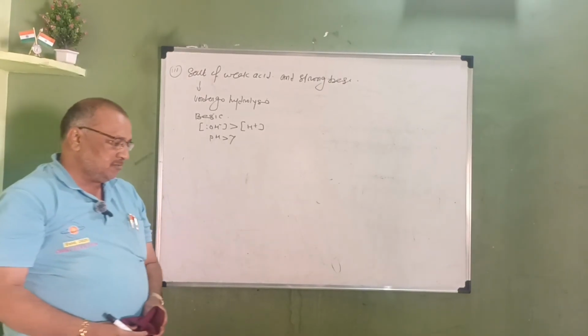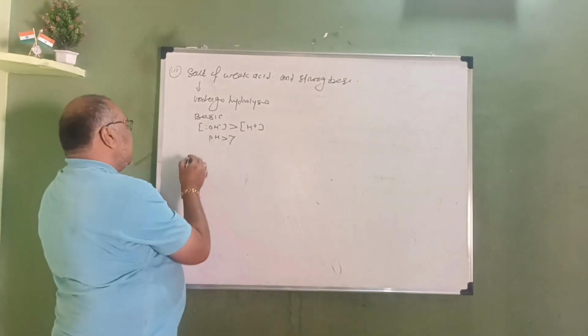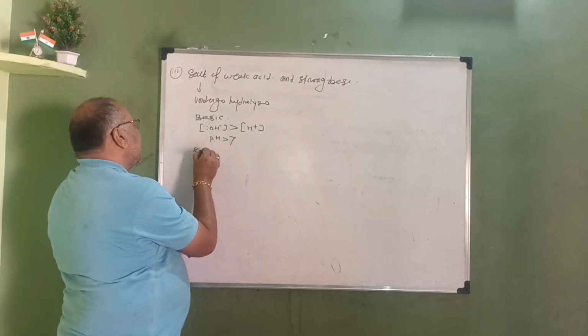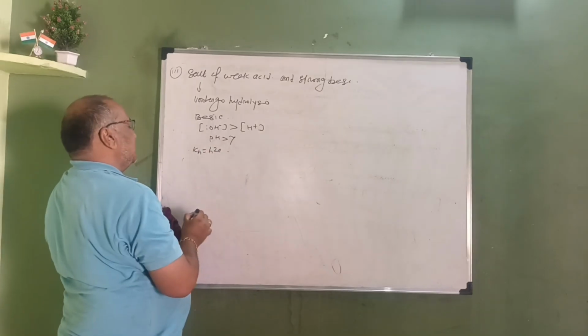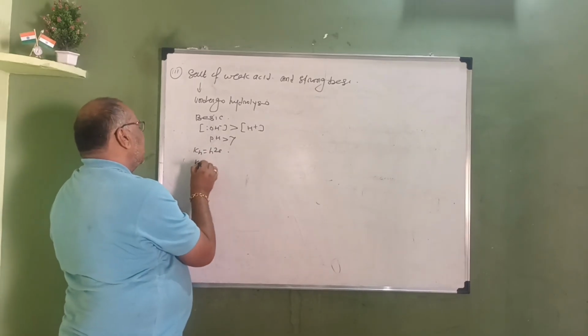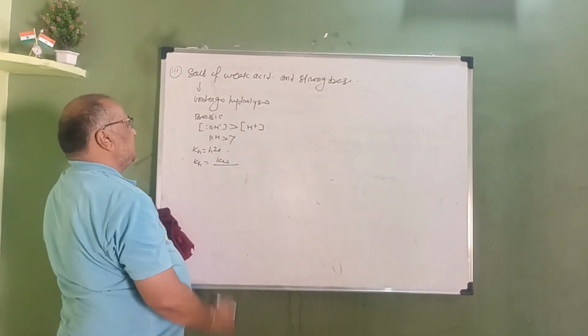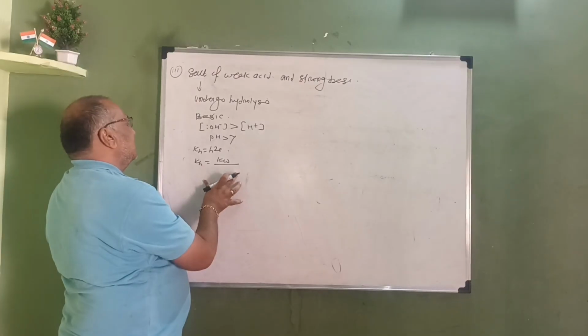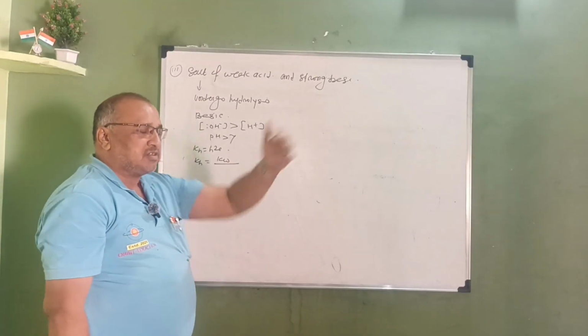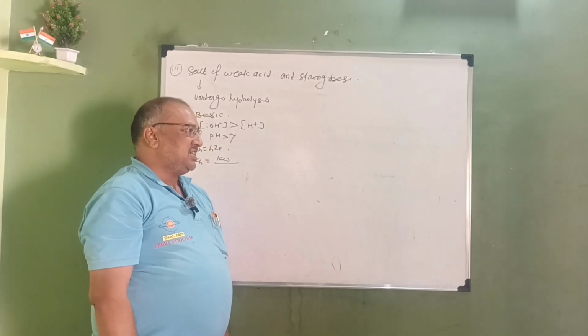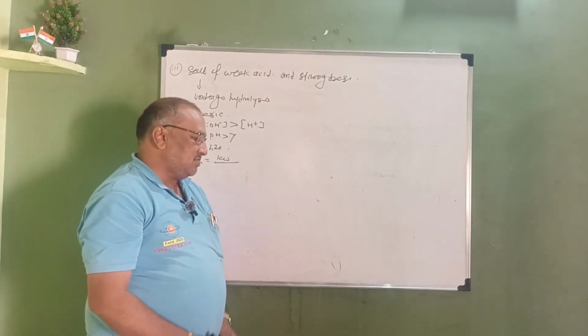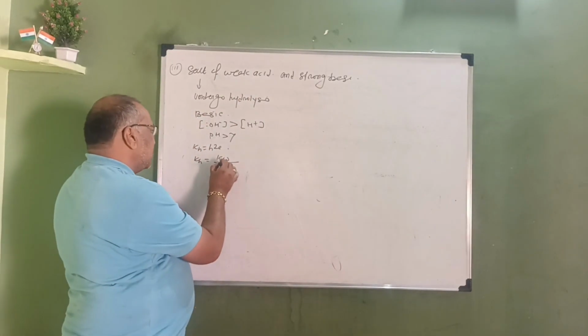Now here the relation between Kh and h is Kh is equal to h square C. Second, Kh is equal to Kw upon, and which species is present in the denominator? The dissociation constant of the weak species. Here acid is weak, therefore write down here Ka.